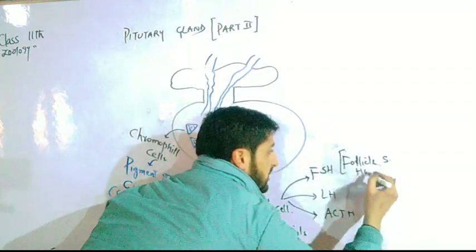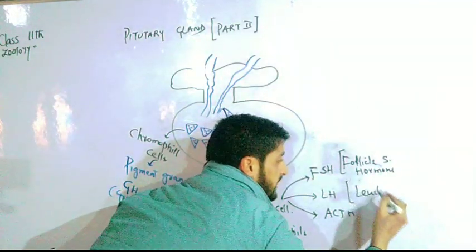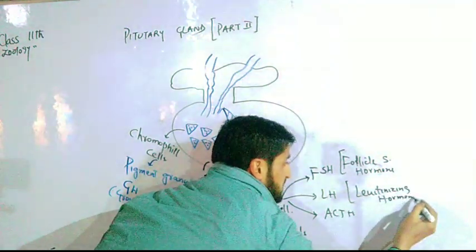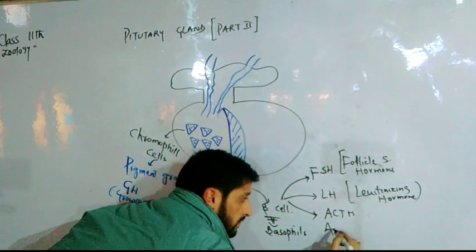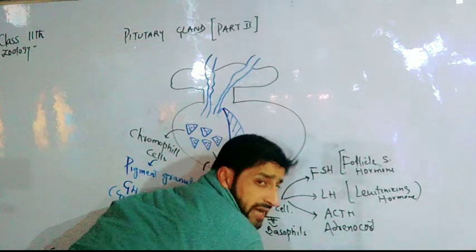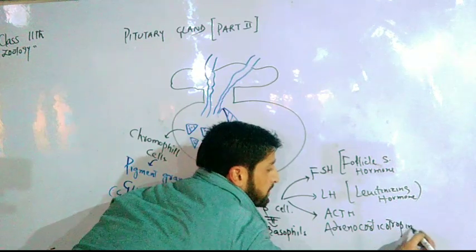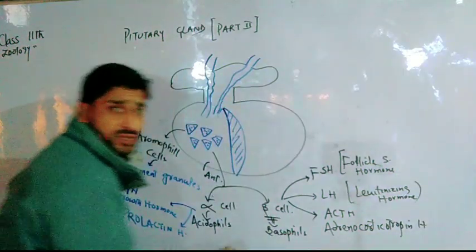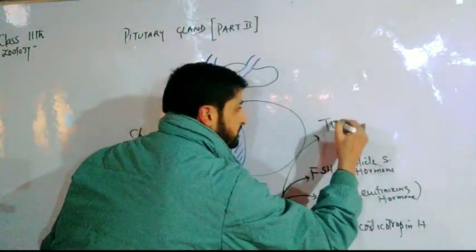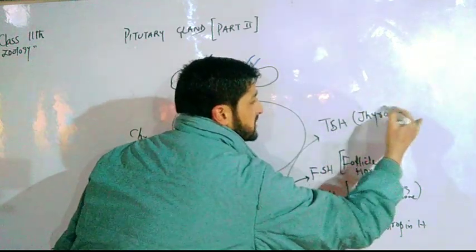LH means luteinizing hormone. ACTH means adrenocorticotropin hormone. And the fourth hormone producer is known as TSH, thyroid stimulating hormone.